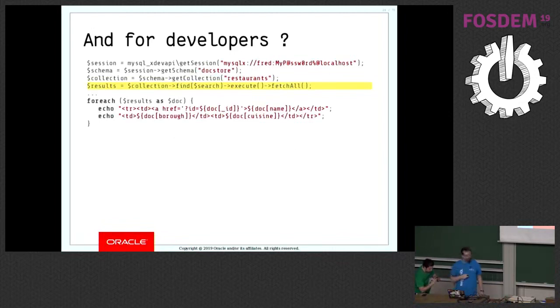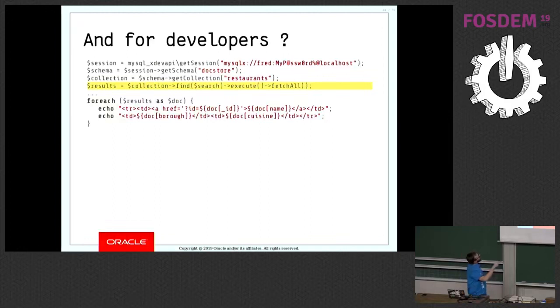So this is what's behind the form you just saw, right? So we use MySQL X, we get the session, so we connect using the new X protocol, because MySQL 8 has 2 protocols, the standard protocol and the X protocol. We connect with the login password, where we connect.